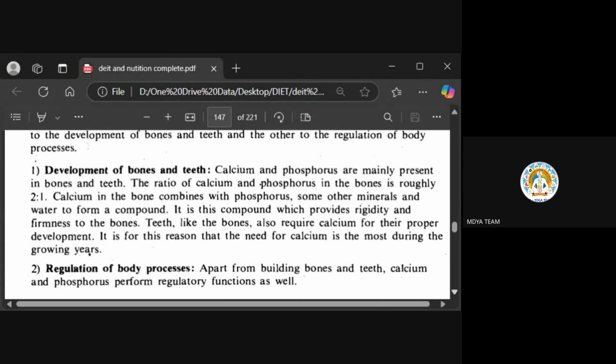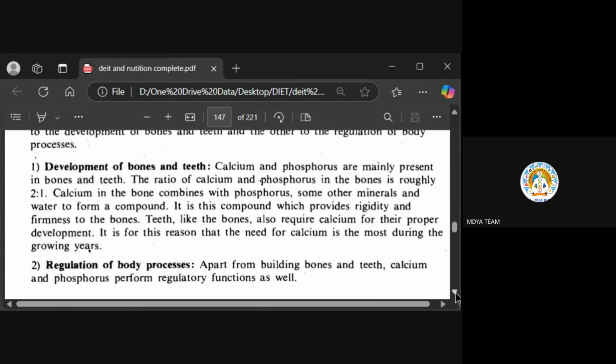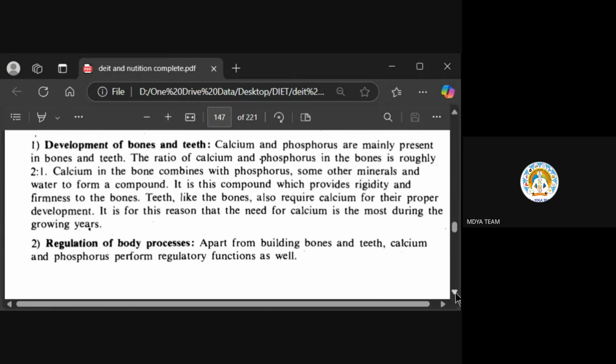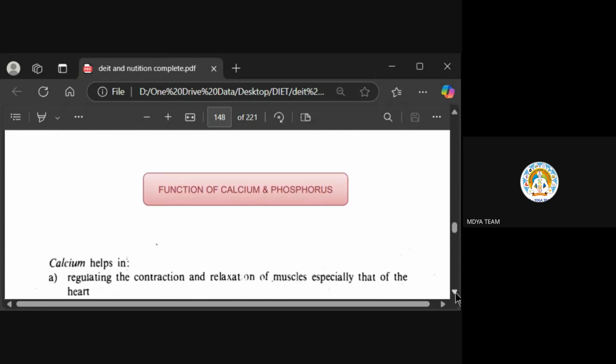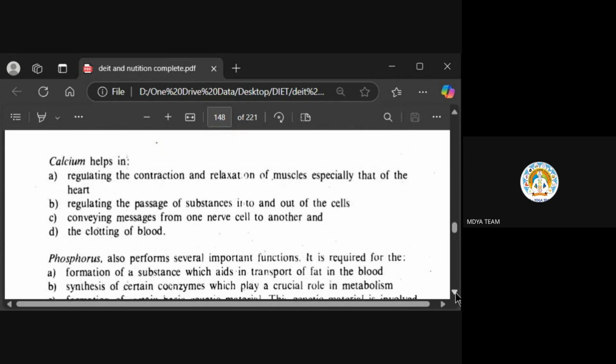They help in regulating muscular contraction also. They regulate various body processes through their functioning.